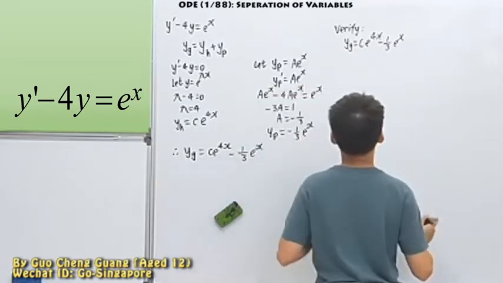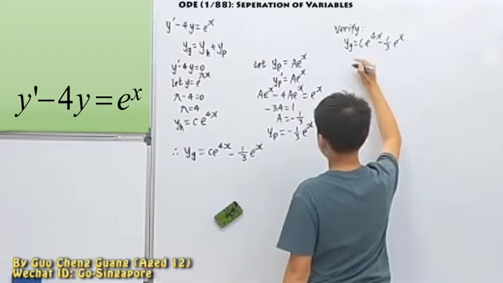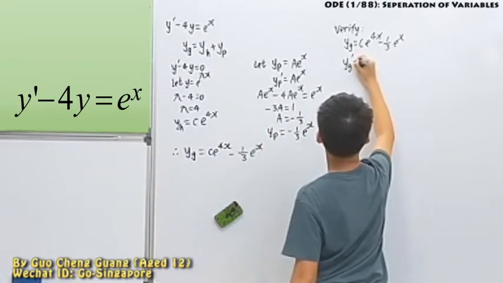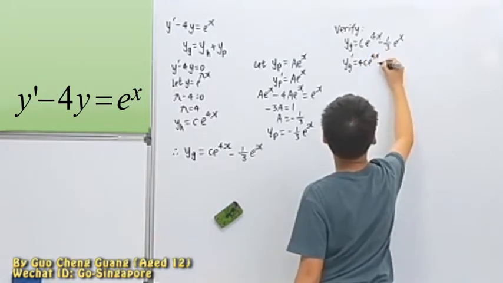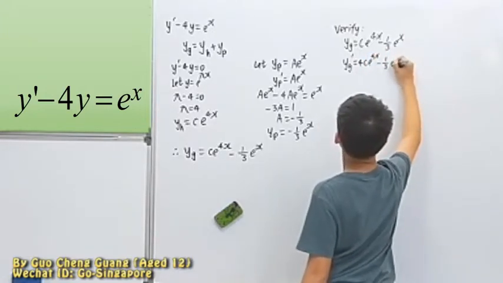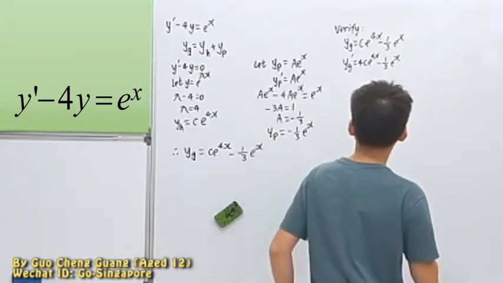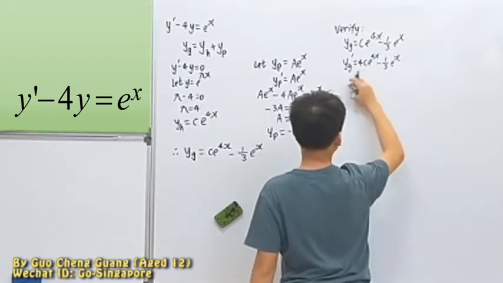We have this part. Next, first derivative. Then you get these parts.